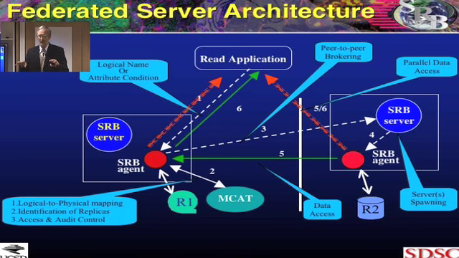It's a peer-to-peer arrangement, so this SERB server can talk to the one that understands where the metadata is located, access the metadata that describes each object in this environment, look at that metadata to determine the actual physical location of the data, go to that site where the data is actually located, retrieve it, and send it back to the application. This works very well for small files, files that are up to 1 megabyte in size.